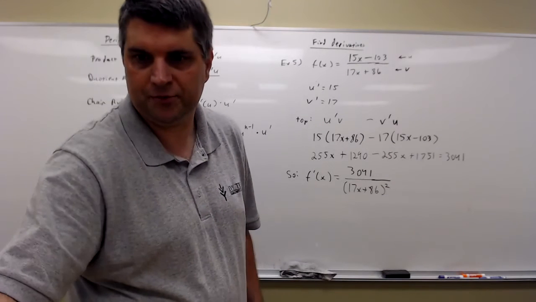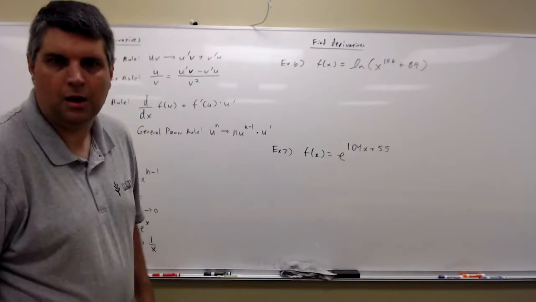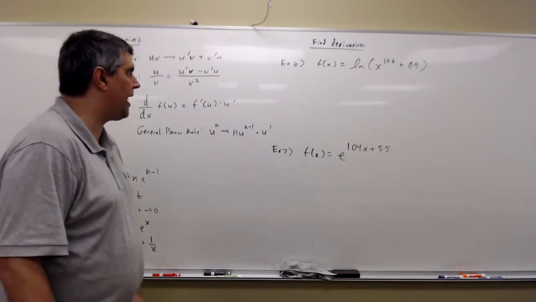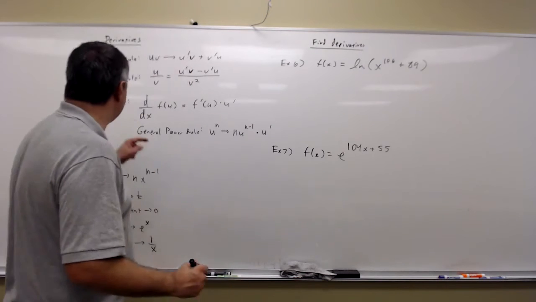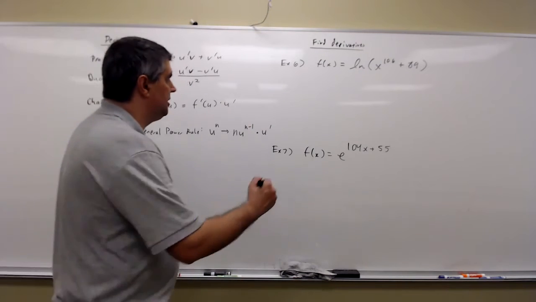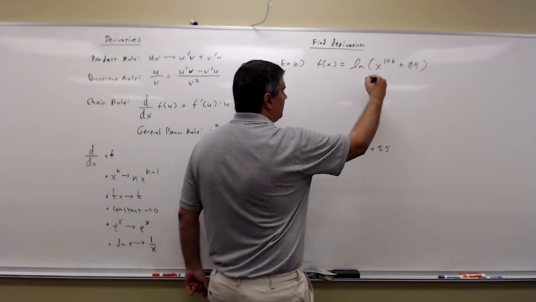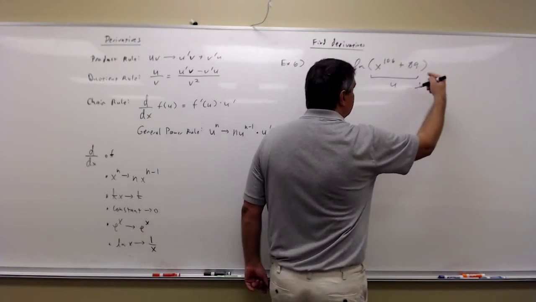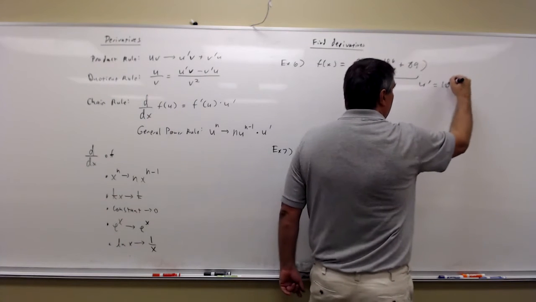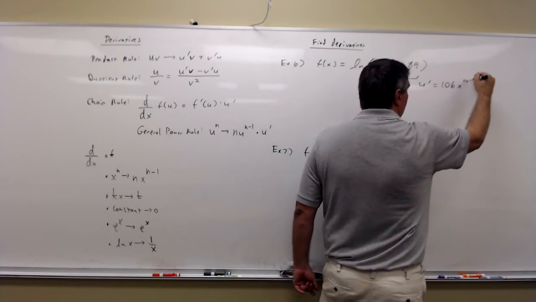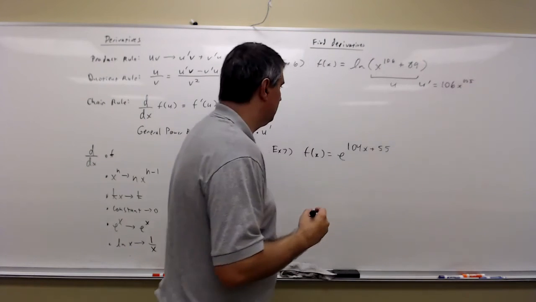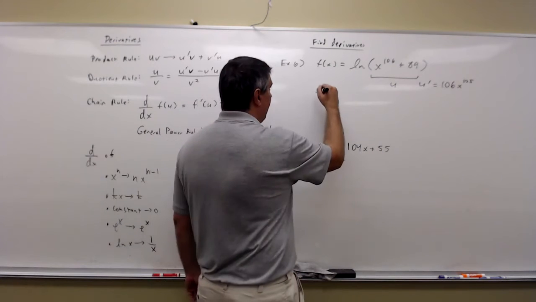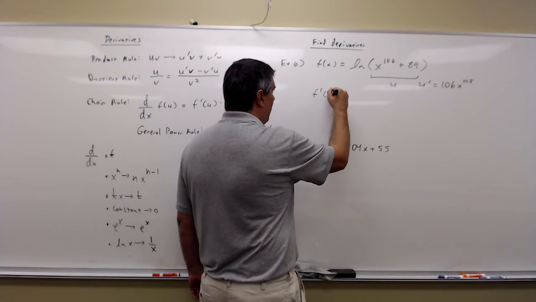So I'll stop here and put another example on the board. Okay, so here I have another one. Got another two actually. So these are going to be chain rule situations. So this represents my u. So u prime is 106 x to the 105th. All right?